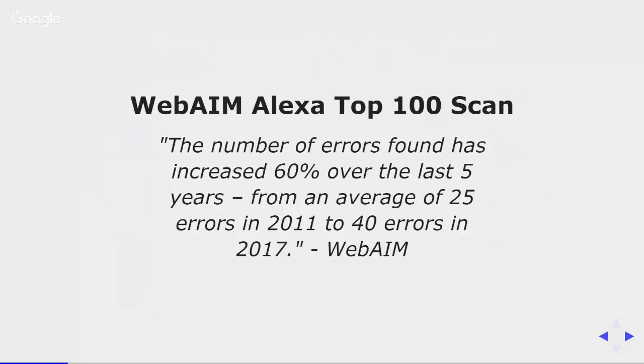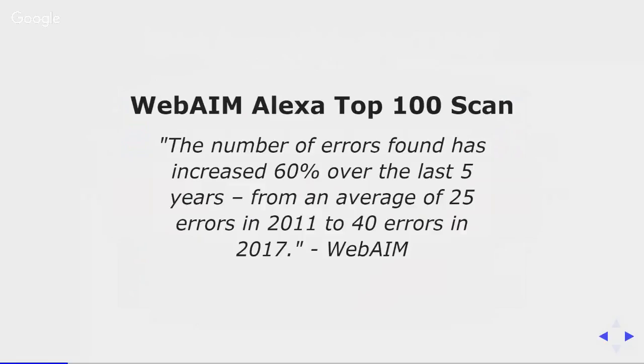So we're going to go straight to a quote from a WebAIM article recently. What WebAIM has done is they've run automated accessibility audits over the Alexa top 100 websites, first in 2011 and again this year. And what they found was that the number of errors found by these audits increased by 60% over 5 years. Now, well, that's quite shocking.